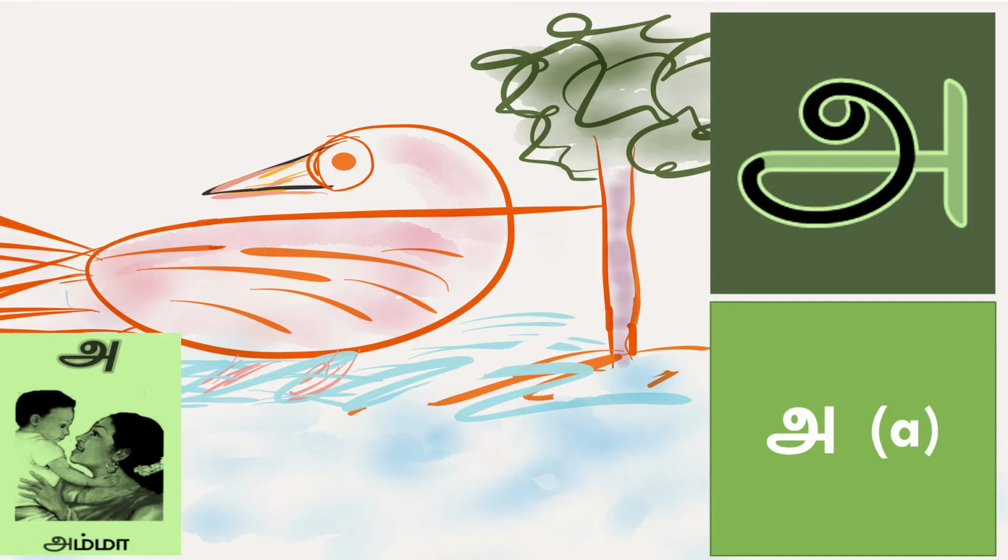Here we go again. So what you are seeing is just A, which is the first alphabet, first vowel in Tamil. On the right hand side, on the top of the screen, you will see how it's written. You don't have to do it now.